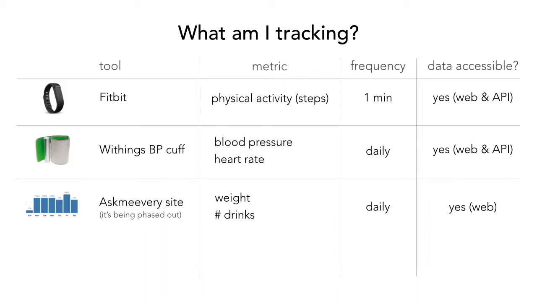You register and you log in, and you say, at 10 a.m. every day, send me a text message or an email asking me this question that I will then answer. And so I've done that with my weight, the number of miles I've run, how many drinks I've had. I'm not sure why I did that. And maybe how much I spent in that day or something like that.